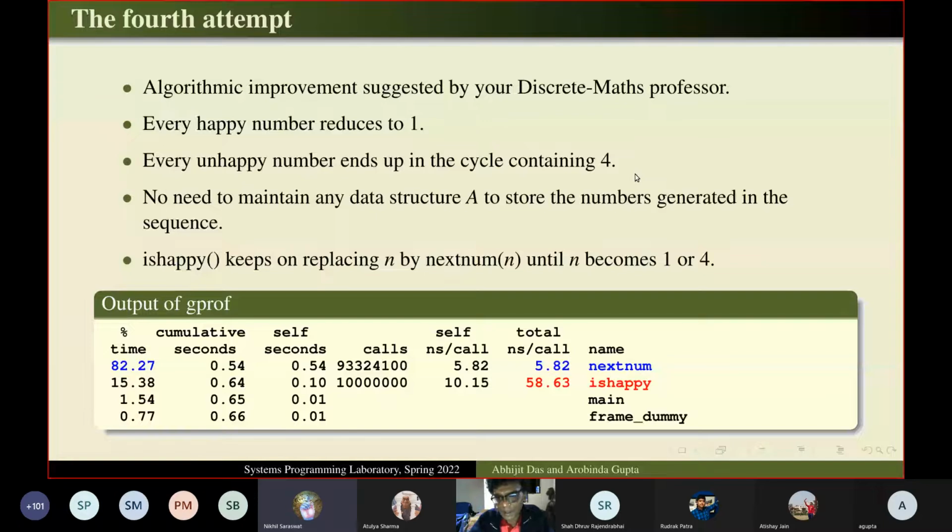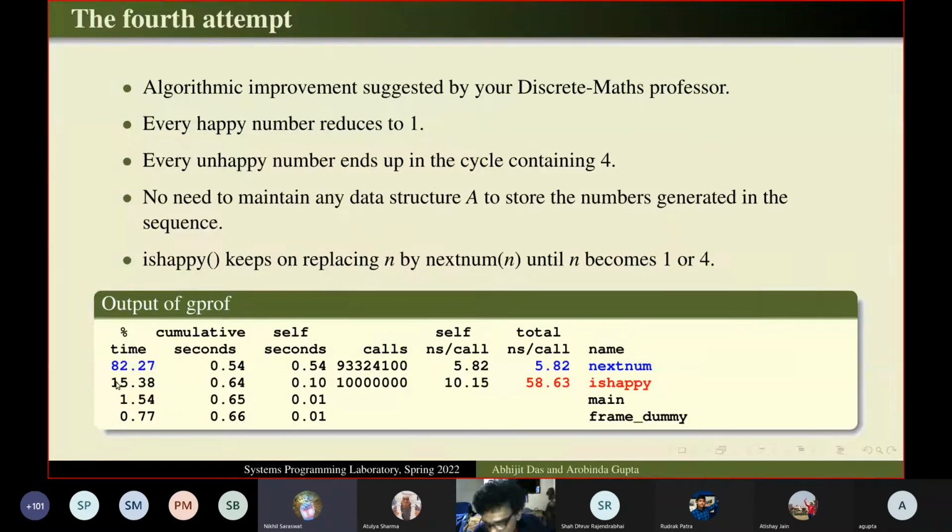Now if I make a profiling analysis, I see that next number, which should do the most amount of computation, is taking 82.27%. Is happy is second, and main is taking a little bit of time.